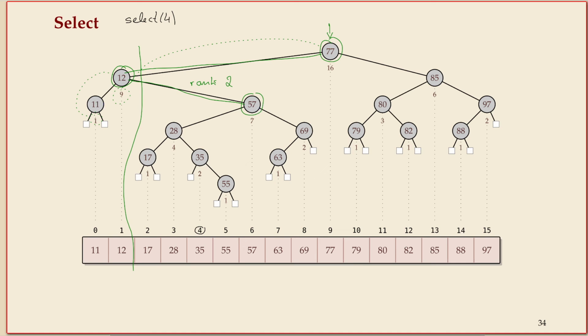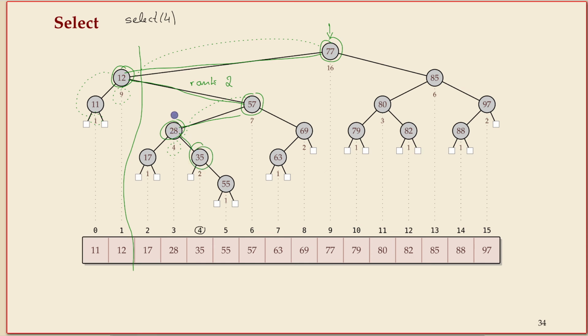So one more step, and I'll do it a bit quicker. So here we check this guy. This is big enough for rank 2, so we go to the left. And here we peek into this one. 1 is too small. So if this one is 1, then actually rank 2 is to the right.